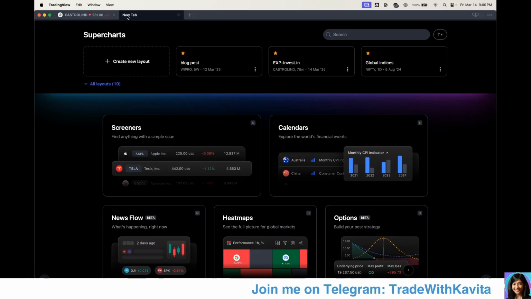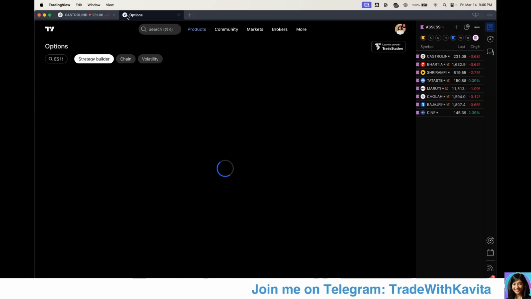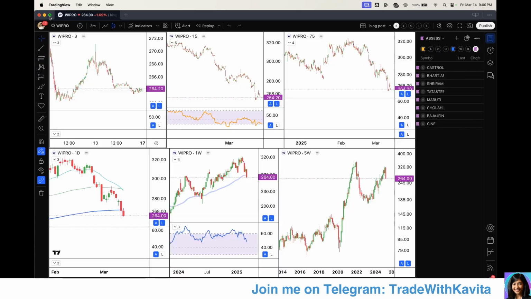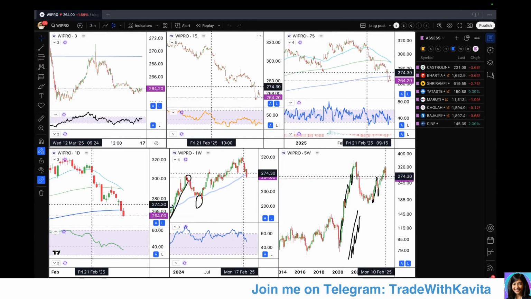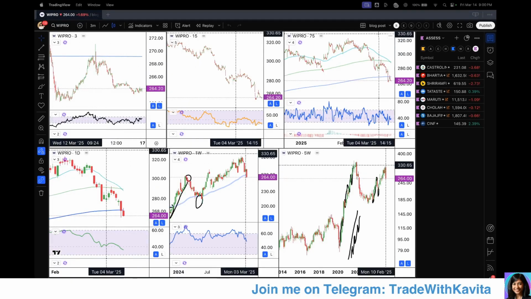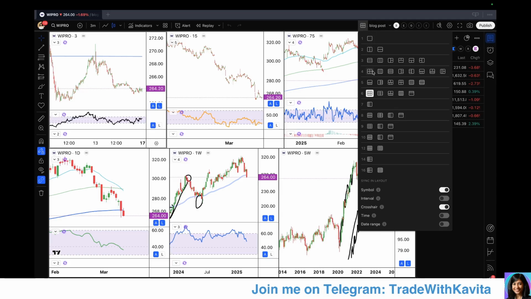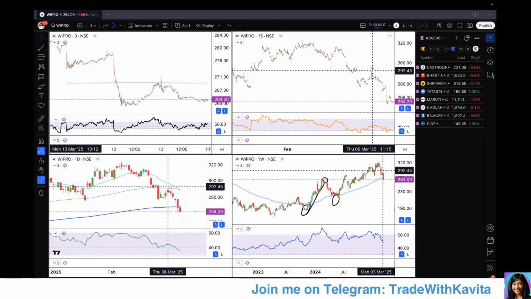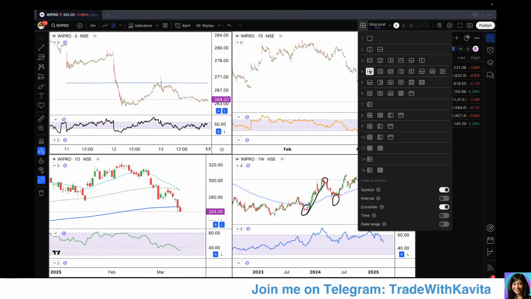So let's get started. I will open the correct layout for this because a lot of you have been requesting that I use white screens. I've created a new layout which has a white background. Now, I don't want to work with the 3-minute time frame or the 5-minute time frame. So I want to change this to a 4-screen layout.